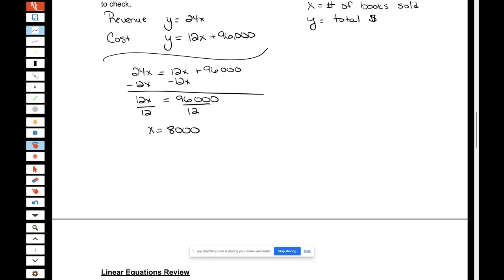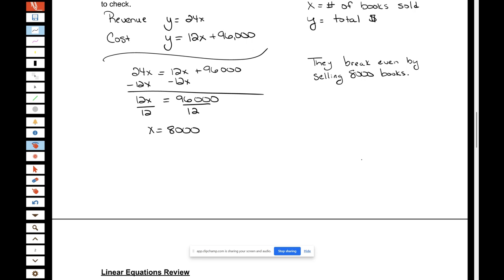So they break even by selling 8,000 books. This means anything more than 8,000 books, they'll start making a profit. Anything less than 8,000 books, they're going to be at a loss as a business.